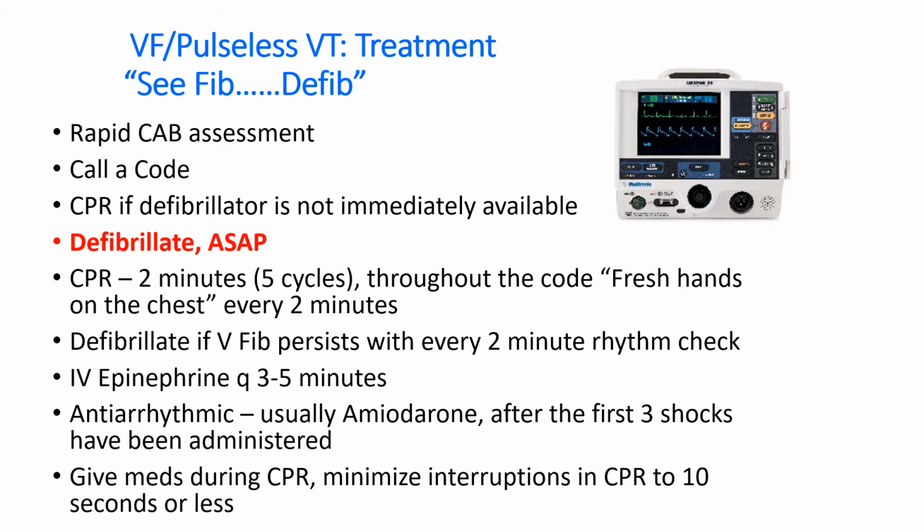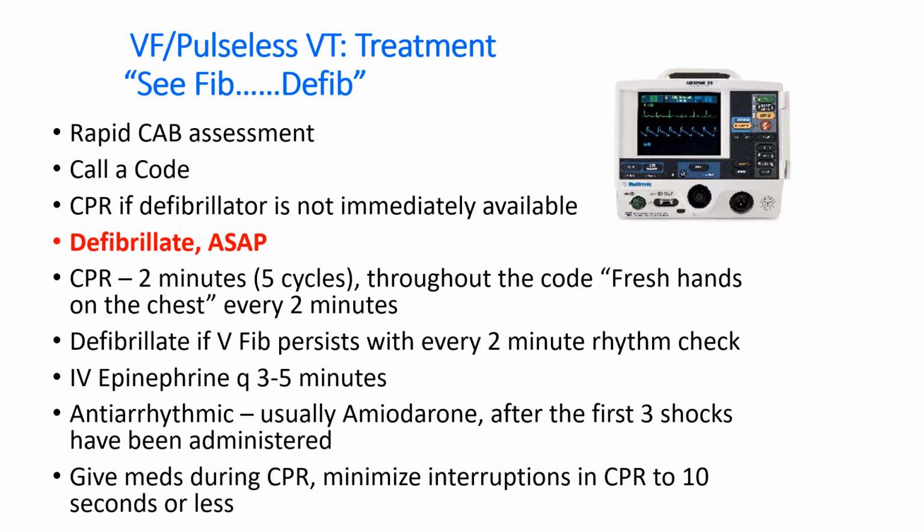CPR should be started if the defibrillator is not immediately available. Once the defibrillator is there, no matter where they are in their cycle of CPR, you need to defibrillate as soon as possible. The first shock should be delivered within 3 to 5 minutes of onset for best survival outcomes.